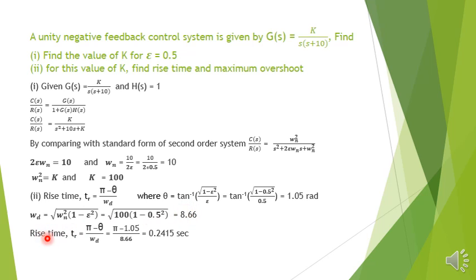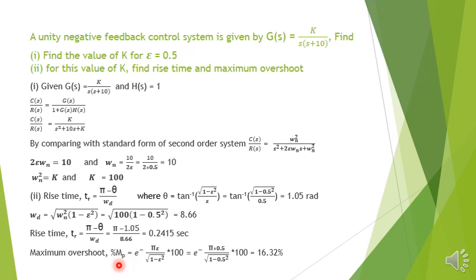So rise time is t r equal to pi minus theta by omega d, that is pi minus 1.05 divided by 8.66. You will get it as 0.2415 second. It is always better to keep the answer in 4 decimal approximation.